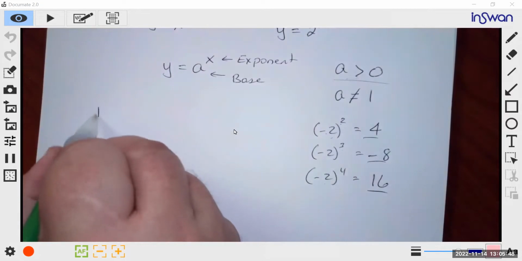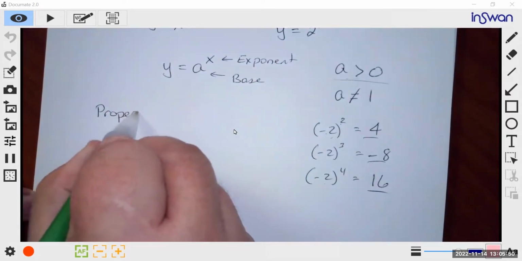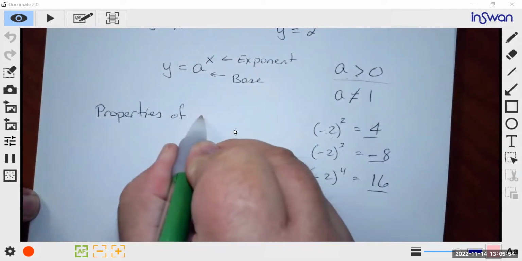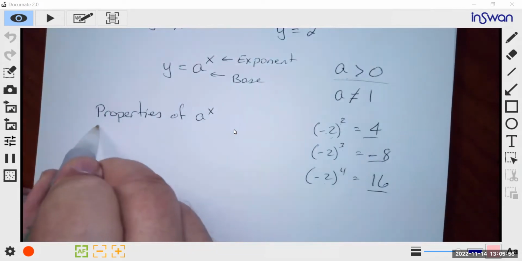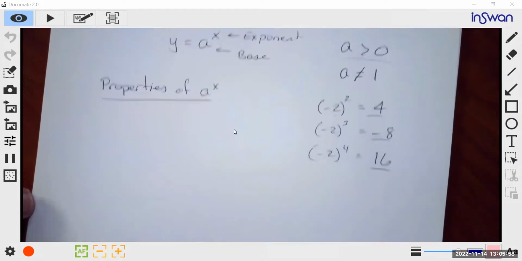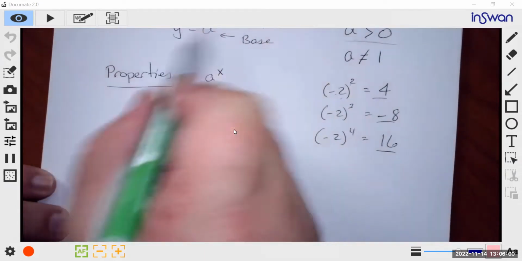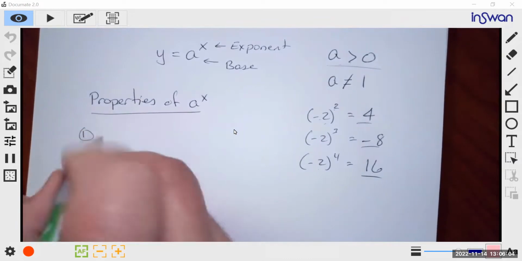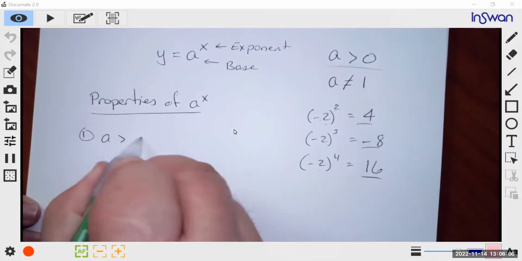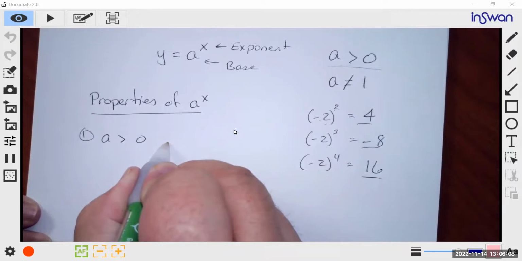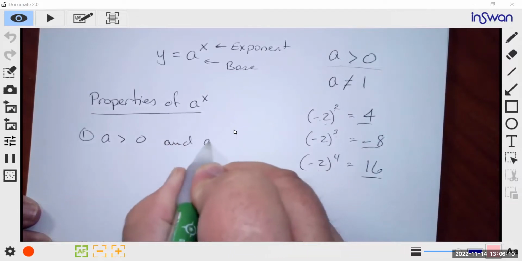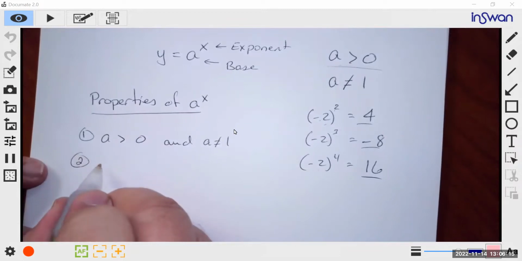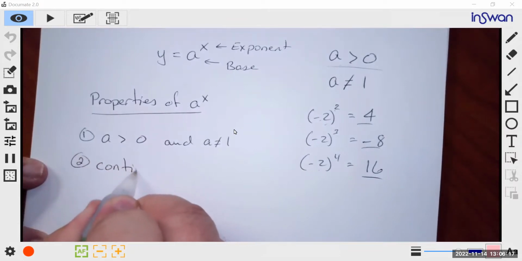So here are the properties of our exponential function. Because it is a function, it has to have properties. First property, like we said, a has to be positive and a cannot equal 1.